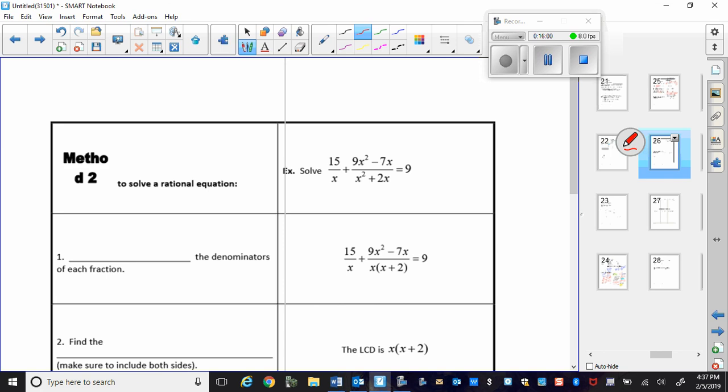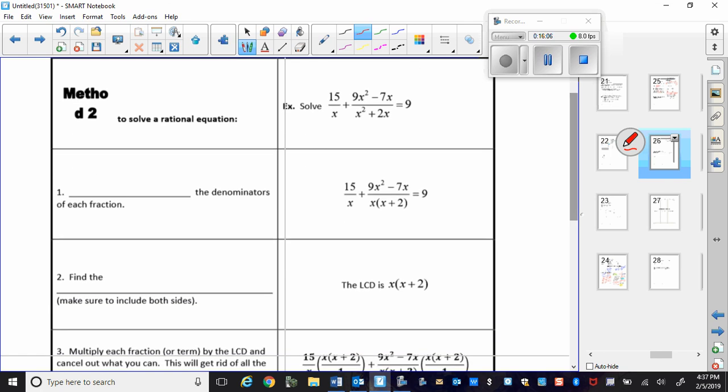So to solve for 15 over x, we should still get x equals 3. So we're going to see what works. All right. So first thing to do is factor any denominators. All right. We find the lowest common denominator.